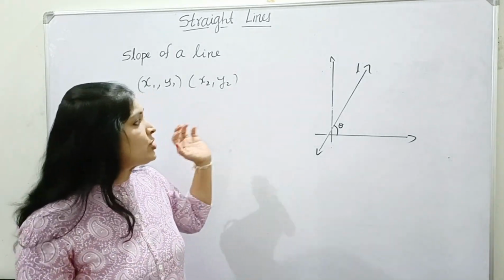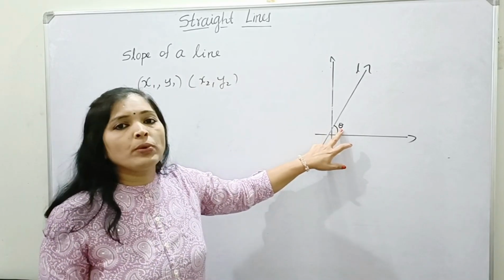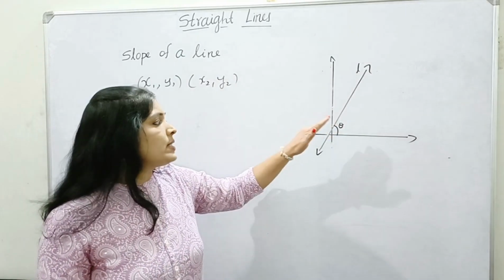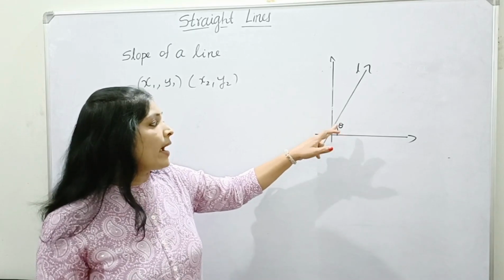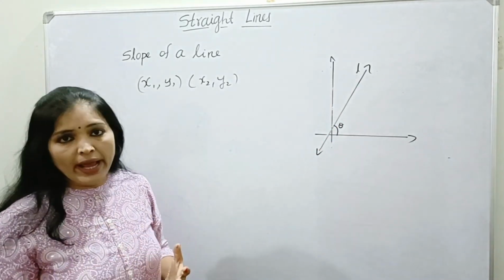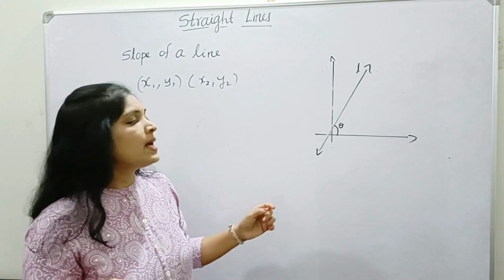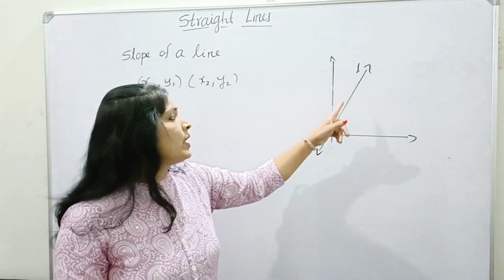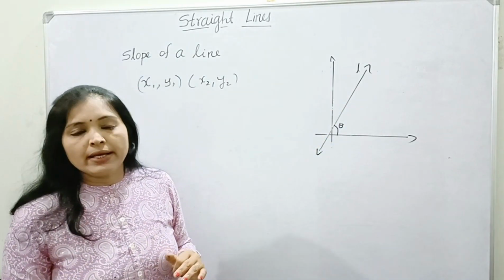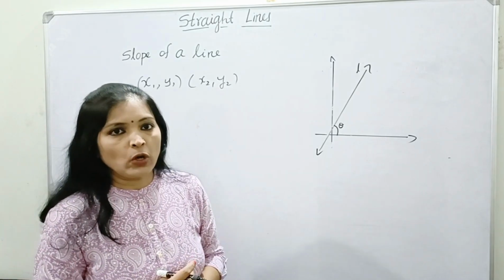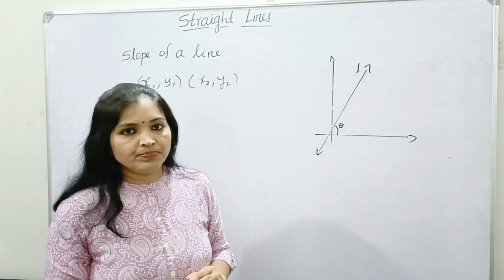So first, if theta is an acute angle, that is, the angle made by the line is an acute angle. Case 1: if the angle made by the line is an acute angle, what is the slope of the straight line when 2 points are given?